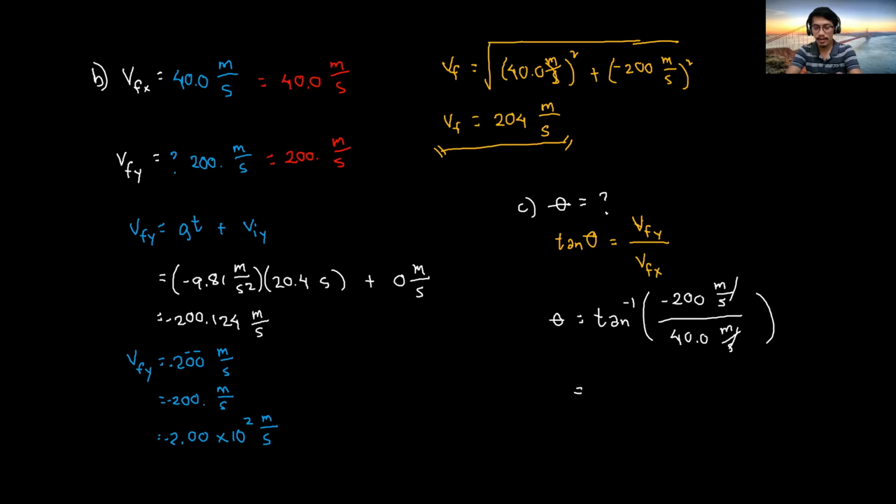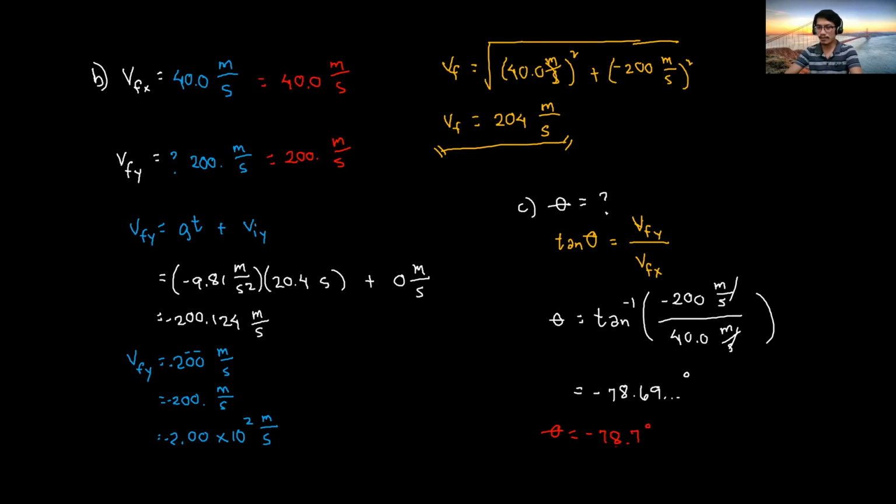Shift tan answer. And that will give us negative 78.69 and so on degrees. So how many significant figures do we need for theta? Three significant figures. So theta here is negative 78.7 degrees.